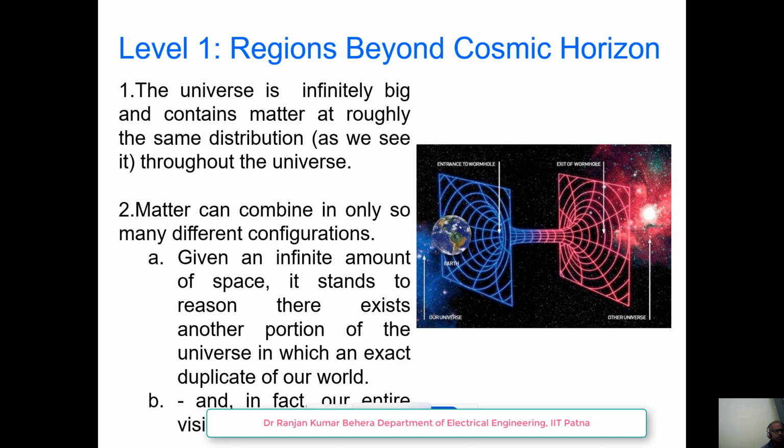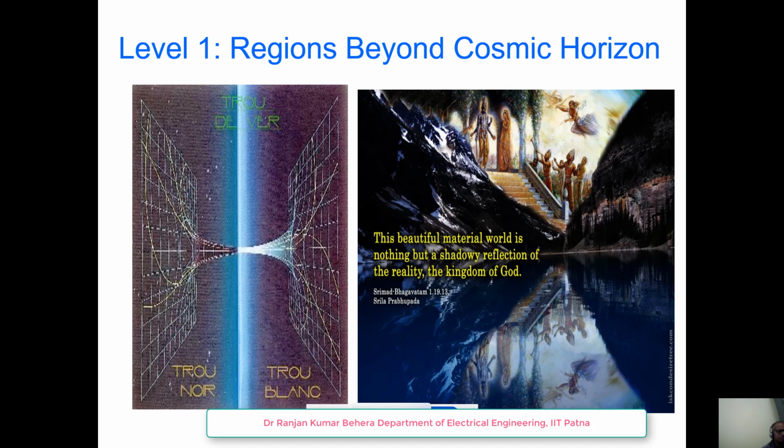And if you see, matter can combine in only so many different configurations. And if you see, there are 2 worlds, there is a connection. Every universe has some kind of connection between them. And this universe is an exact duplicate of our universe. It may be bigger than our universe, or it may be smaller than our universe.